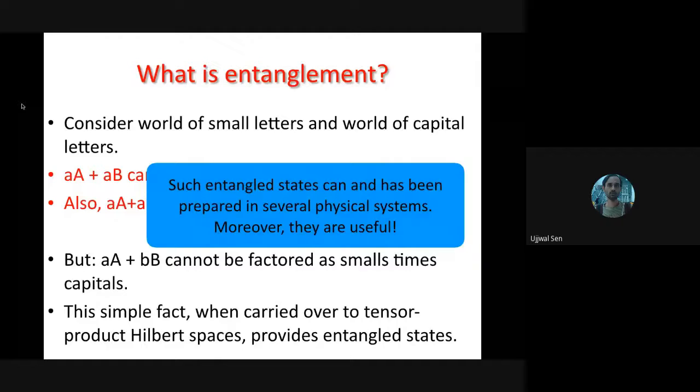Now, once we know that a state is entangled, one can try to measure how much entanglement is there. Again, there are many different measures of entanglement, and again, we will not define them. We will use such measures of entanglement in the talk, but we will not go into the definitions. Okay, so we go forward.